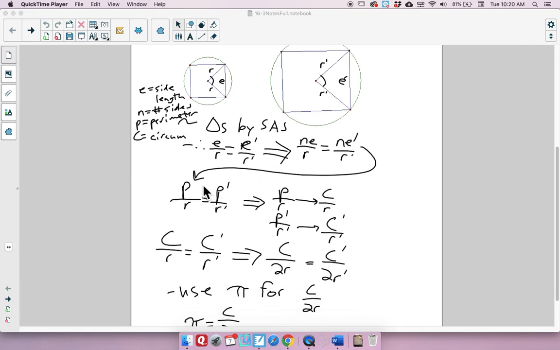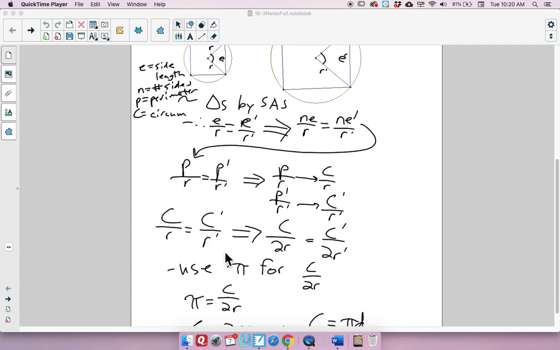So if we know this is the case and this, then we can say that these are equal, right? Okay. Can't we also then, if these are equal, multiply both denominators by 2? So it becomes 2R and 2R prime. So we have C over 2R is equal to C prime over 2R prime.